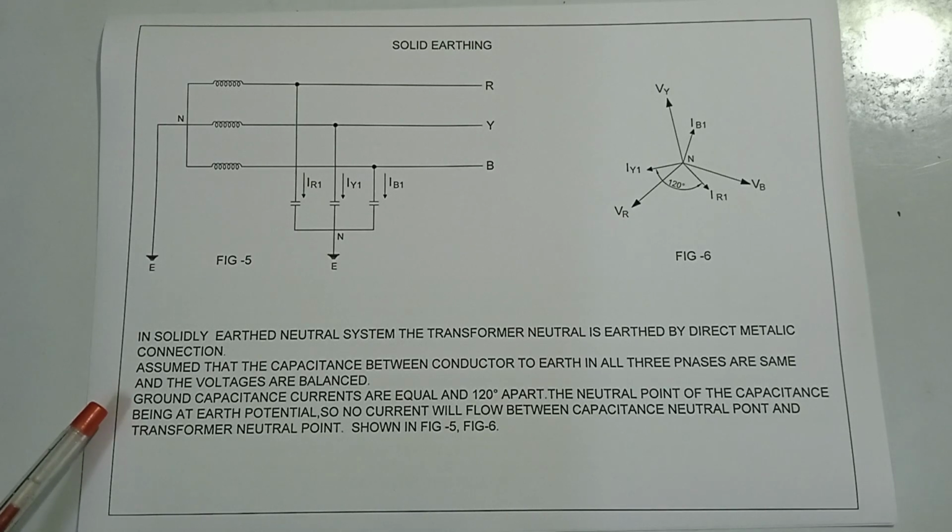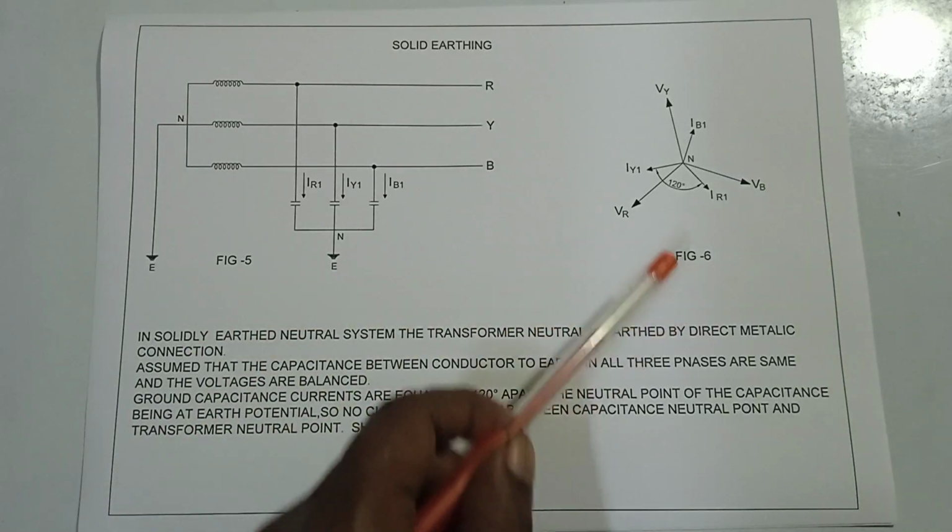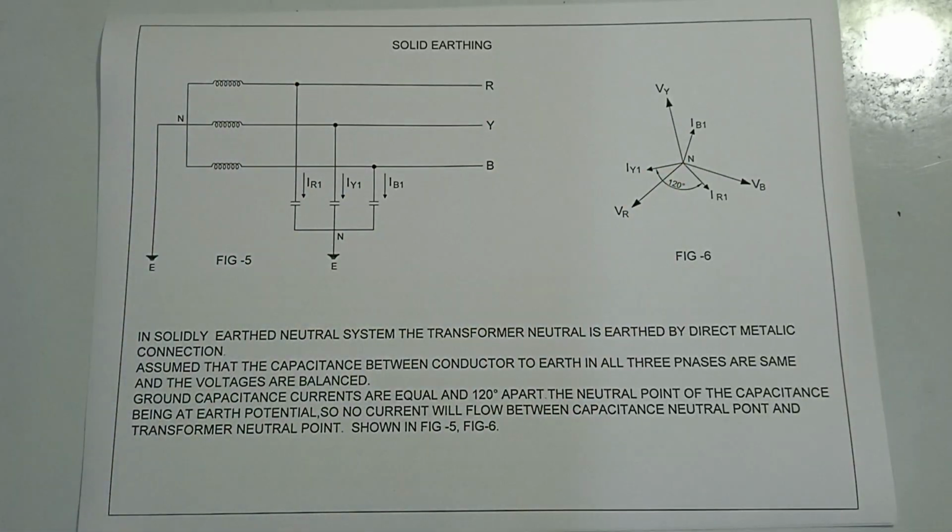Ground capacitance currents are equal and 120 degrees apart. The neutral point of the capacitance being at earth potential, no current will flow between the capacitance neutral point and the transformer neutral point, shown in figure 5 and figure 6.